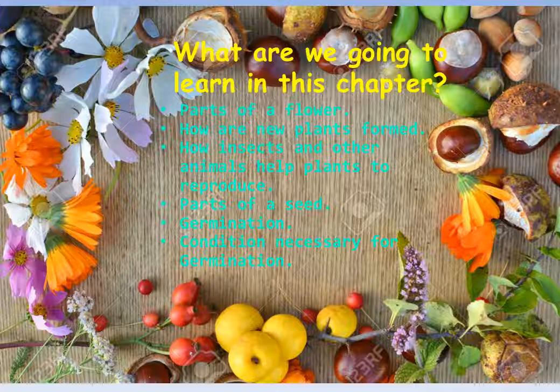We will learn that. Then how new plants are formed, and how insects and other animals help plants to reproduce, or how insects and animals help to make new plants.